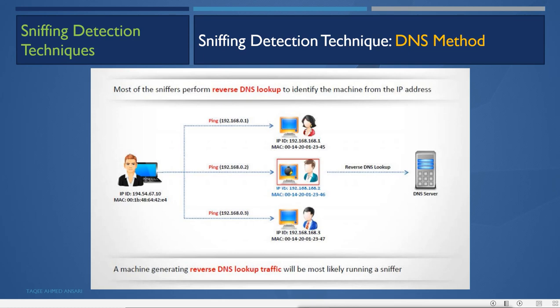So it will do the reverse lookup to the DNS and try to get the name of that machine which it is sniffing. So a machine generating reverse DNS lookup traffic will most likely be running a sniffer. So we can analyze the DNS server log and check who is doing the reverse lookup. The machine which is doing the reverse lookup is most likely running a sniffer.